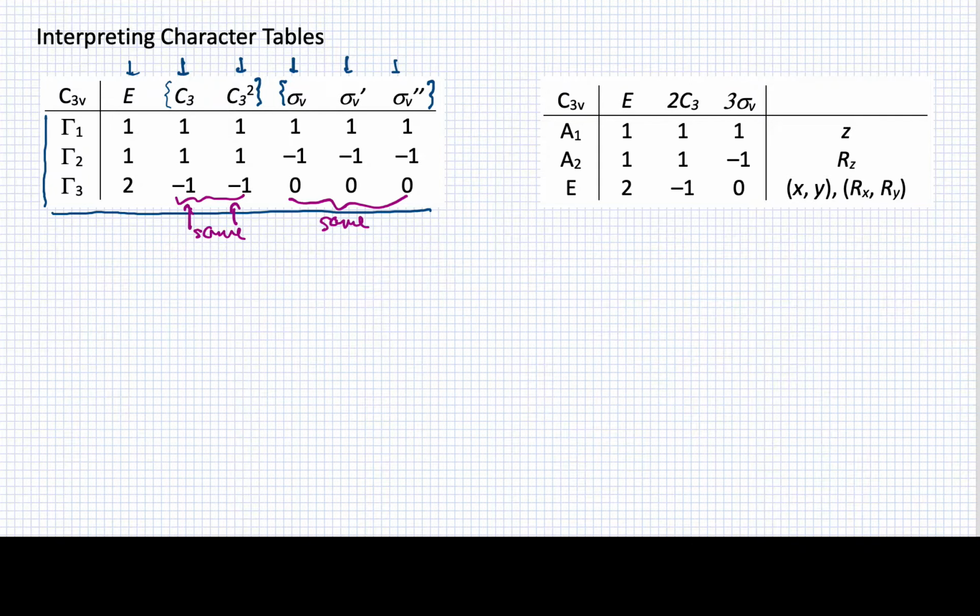Now, for this reason, we tend to go toward a simpler representation of the character table, which is shown over here, where instead of showing each of the individual symmetry operations, we group them together in the various classes. So this is a way of simplifying the character table. Now, we've mentioned already that the number of classes equals the number of irreducible representations.